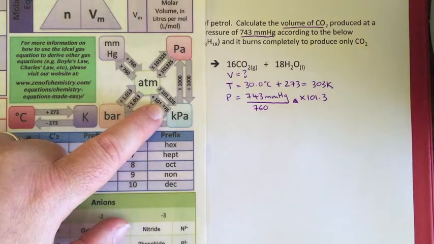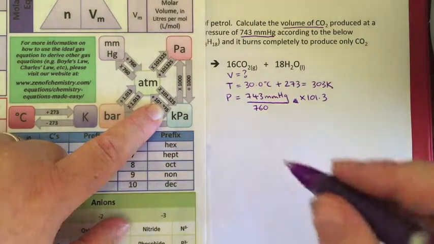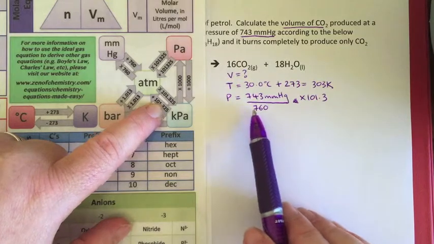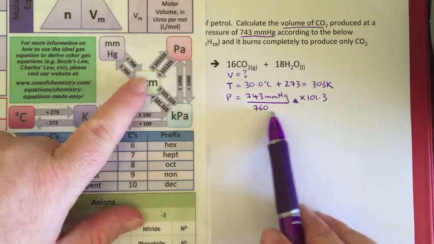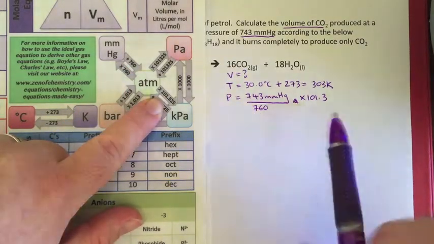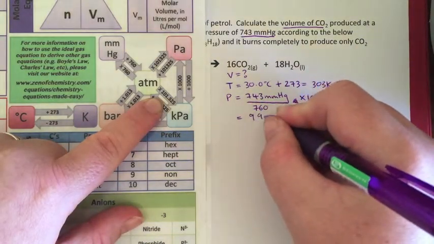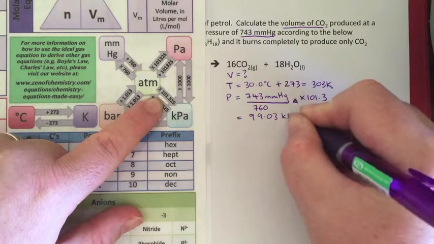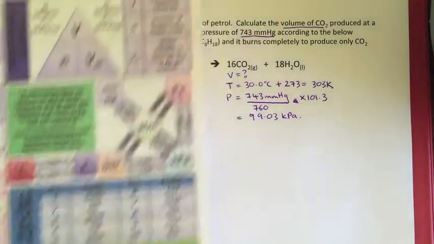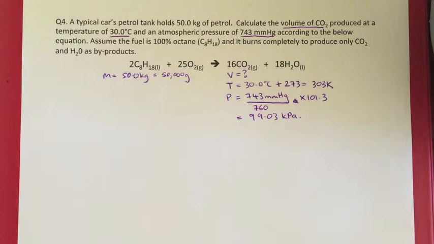Definitely use the number that is in the data book, which is 101.3. So 743 divided by 760 times 101.3 gives us a pressure of 99.03 kilopascals.